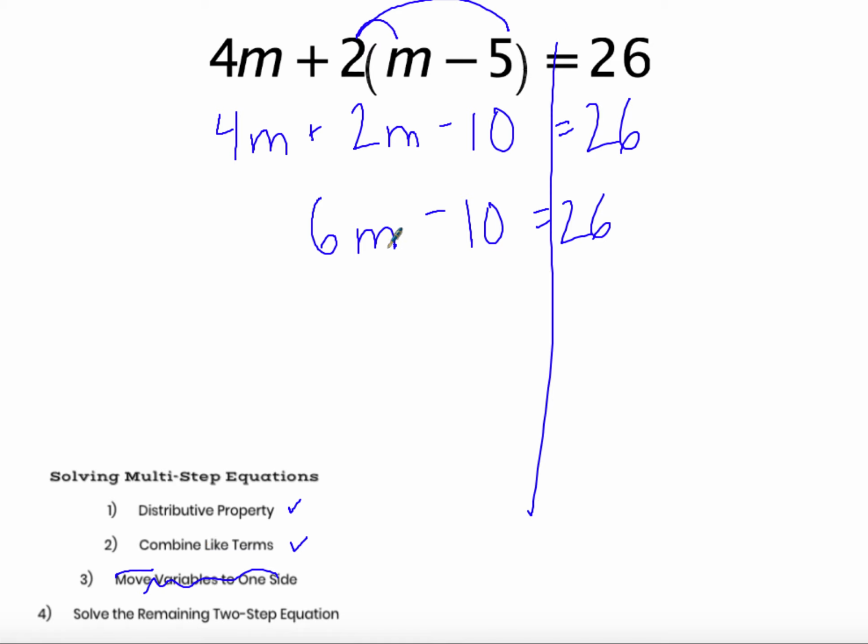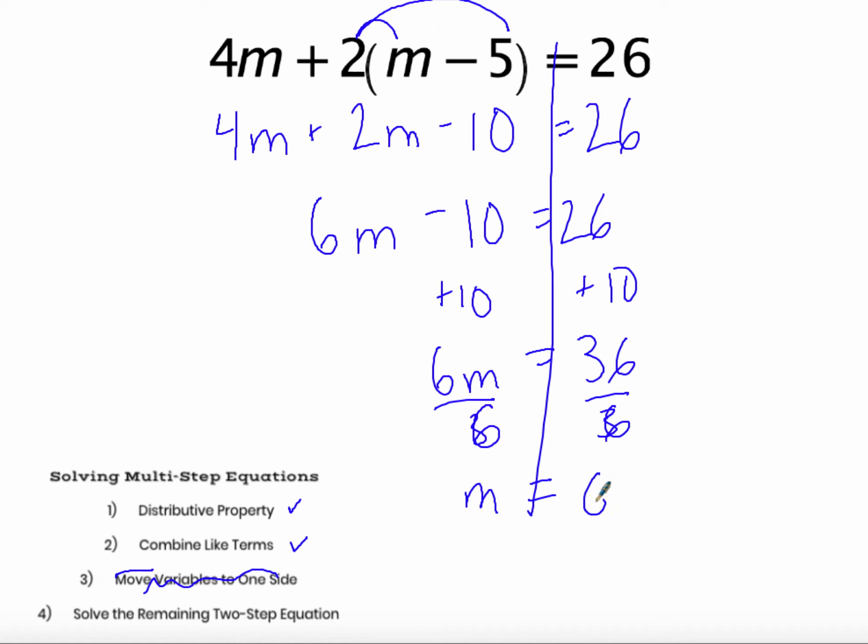Inverse operations are going to be addition and division, starting with addition. Then we have 6m equals 36. Final inverse operation on both sides: we are dividing by 6, and we end up with m equals 6.